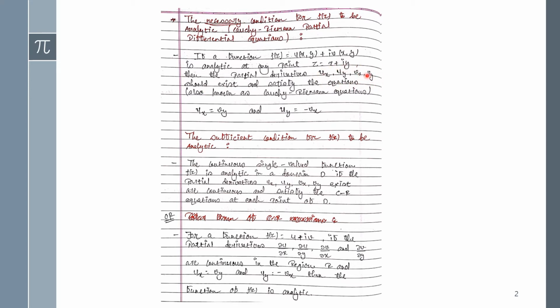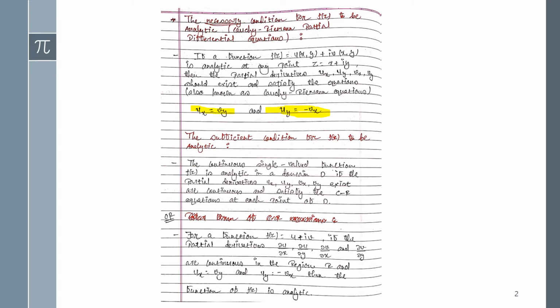You have to find all this first. That should exist, all of them should exist, and satisfy the equations. There is an equation you have to satisfy, which is known as the Cauchy-Riemann equations, and the equations are given in the form I'm highlighting, guys: ux equals vy and uy equals minus vx, okay?